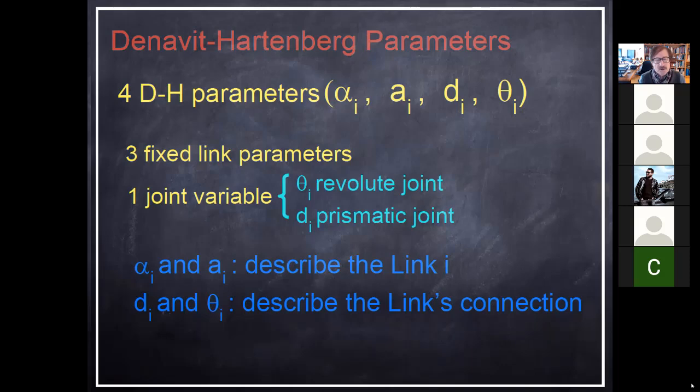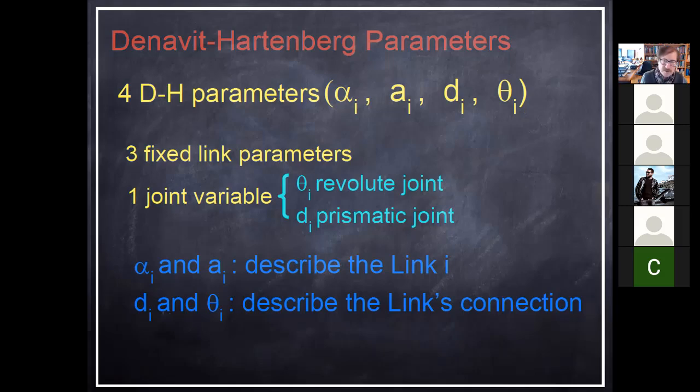So in short, we have established 4 parameters, and these parameters are called Denavit-Hartenberg parameters, or in short, DH parameters. So any link of any robot can be described by 4 parameters. Remember that at the beginning we had too many parameters.